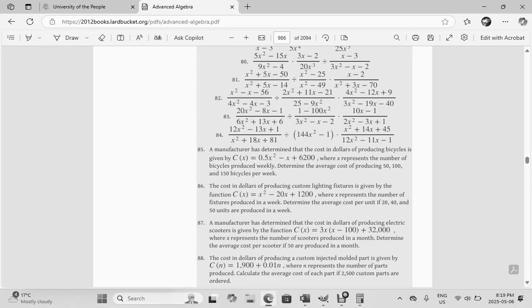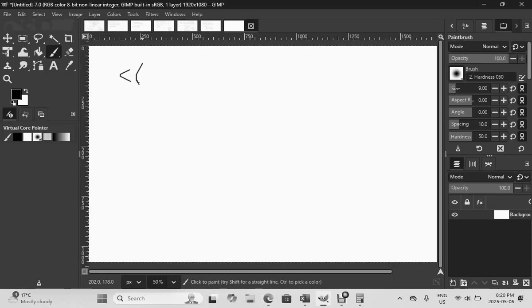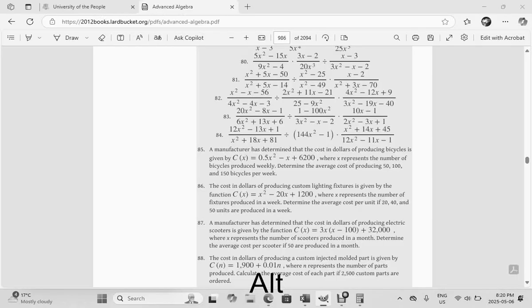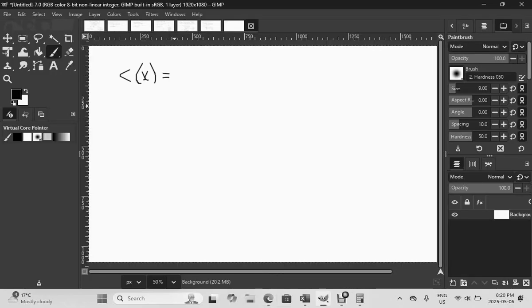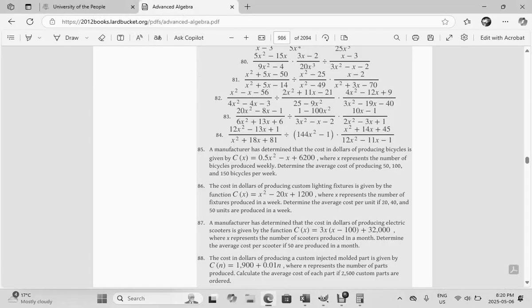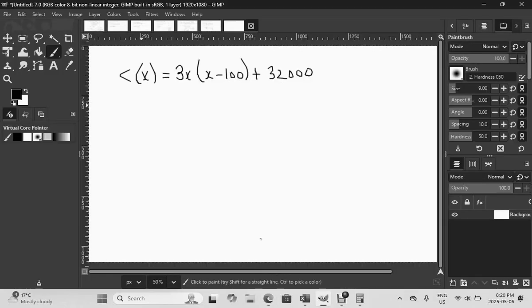A manufacturer has determined that the cost in dollars of producing electric scooters is given by the function C(x) = 3x(x − 100) + 32,000. We're trying to figure out the price for 50 scooters.